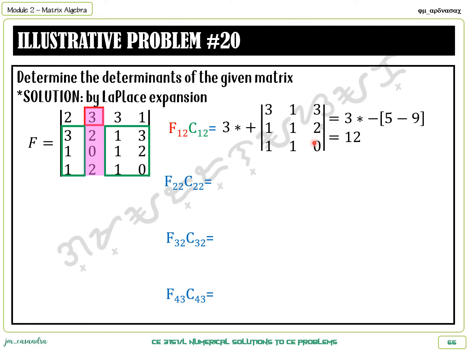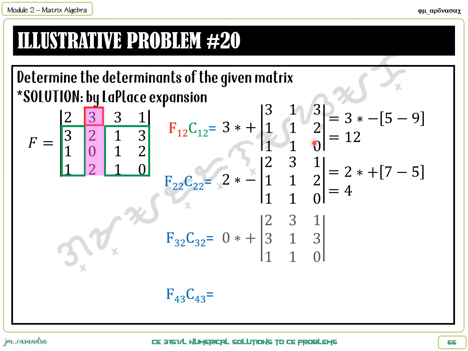Okay? And then F22, it will now be 2 times its equivalent cofactor. So that's equal now to 2 times positive quantity of 7 minus 5, which is equal to 4. Then we have 3, 2. So it's 0 times its cofactor, which is equal to 0 times negative quantity 12 minus 7.